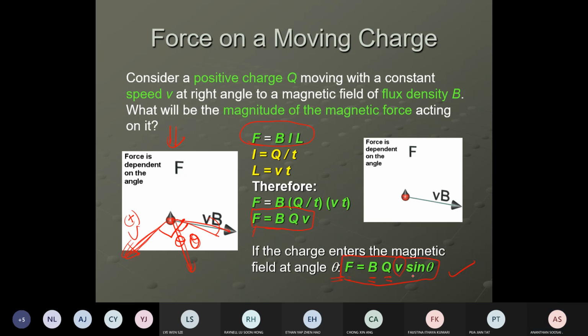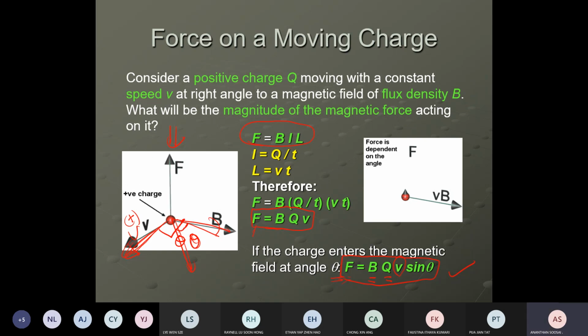Not even gravity, right? Whether you are moving or not moving, your weight doesn't change, so it is not affected by the speed. But the magnetic field is affected by the speed. Any questions so far? The introduction to the formula BqV sine theta.